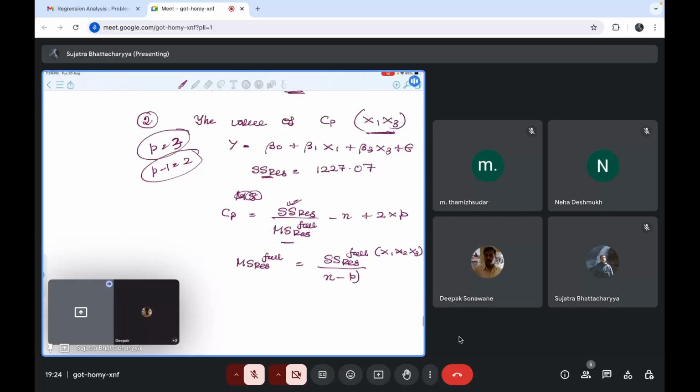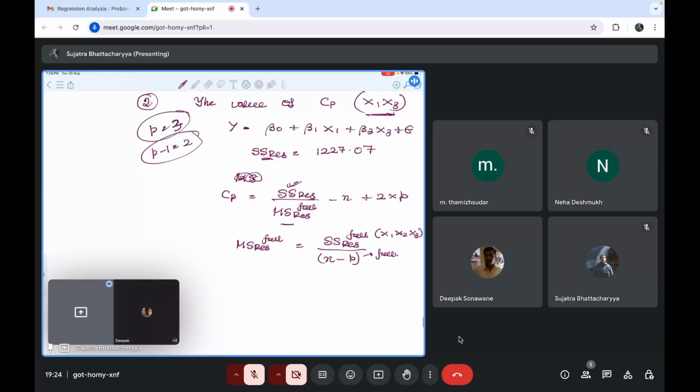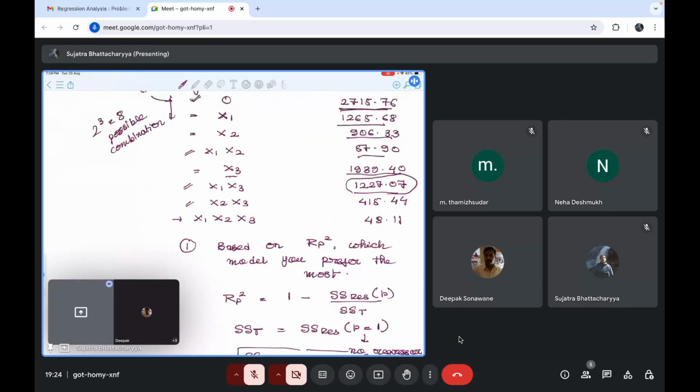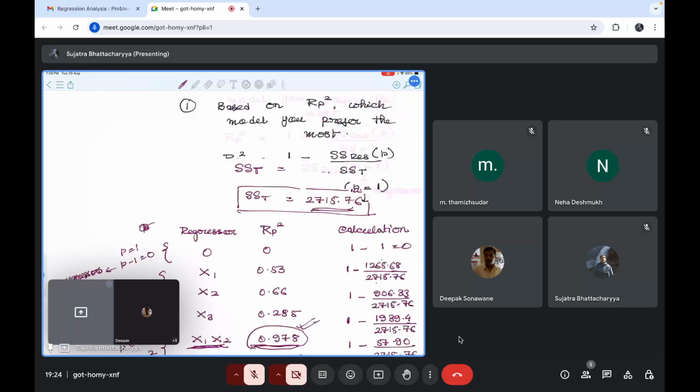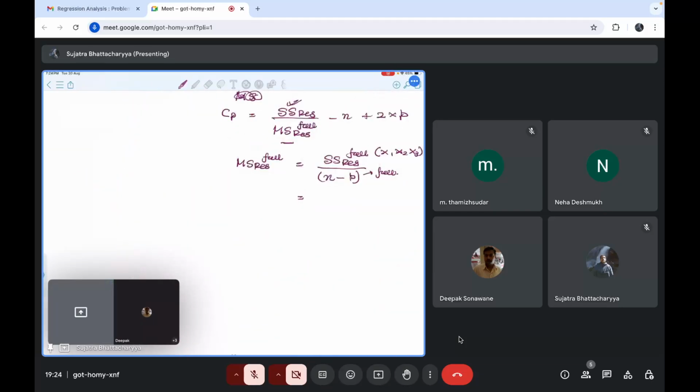For this, n minus p is also for the full model. So let us calculate MS residual for the full model. SS residual for the full model is given as 48.1.